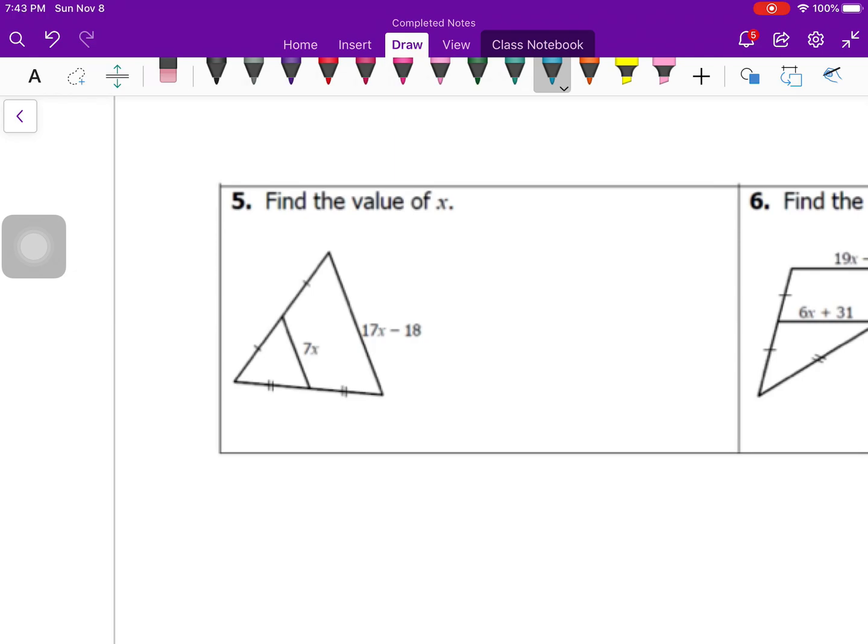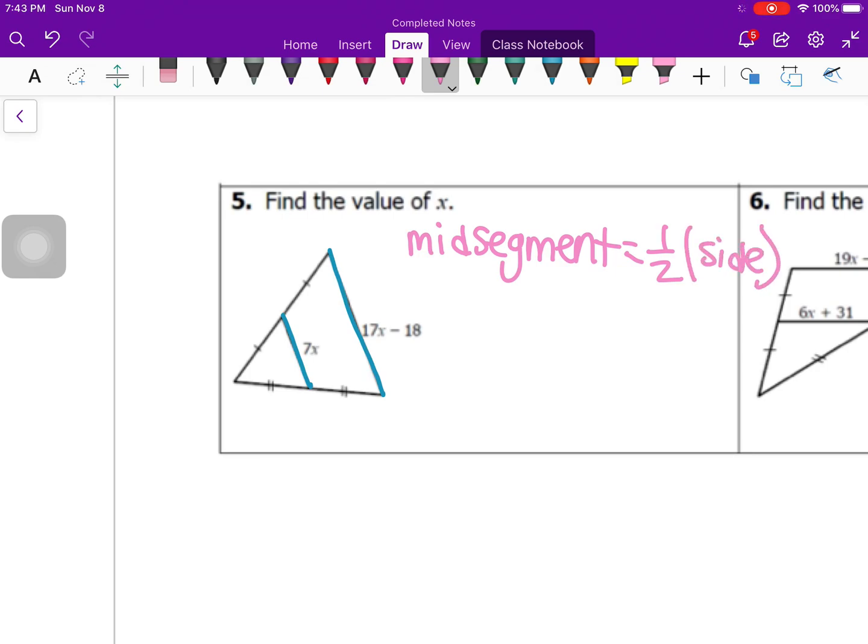In number 5, we have the midsegment right here, and we have the side that it's parallel to. Now remember, the midsegment equals half of the side that it's parallel to. Or you can think of it as, if you multiply both sides by 2, the midsegment times 2 equals the side that it's parallel to.